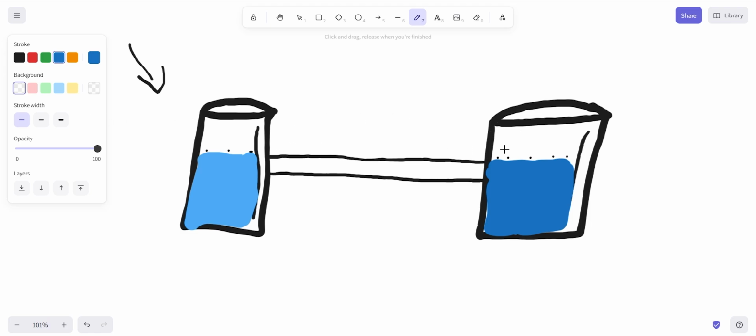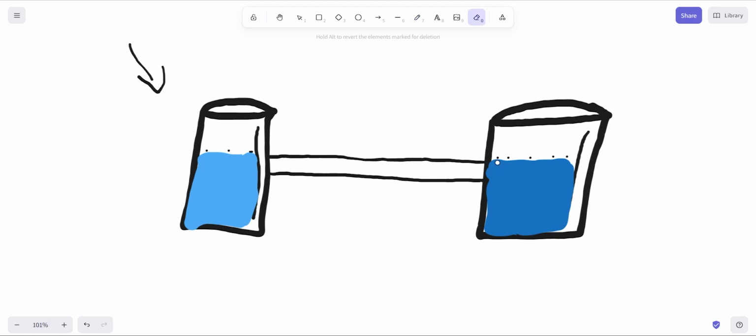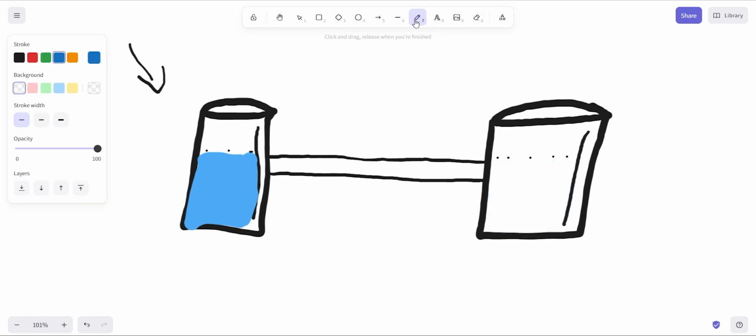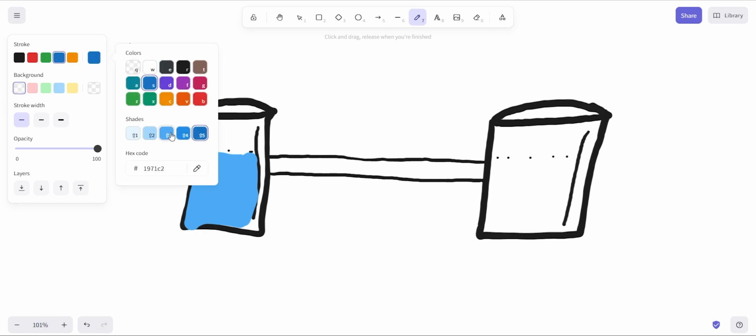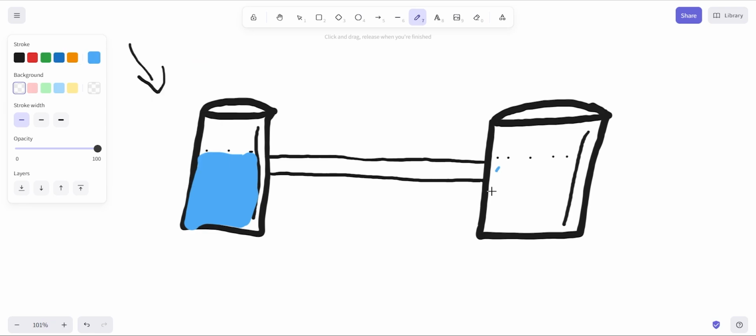Now, what if the water level in this cup was lower? In the second cup was lower, was here.